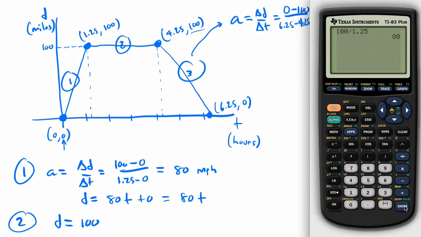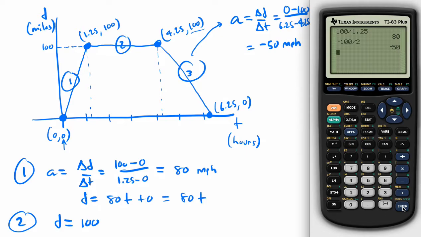A little sloppy here, but we get the idea. And this is equal to negative 100 divided by 2, and so that's negative 50 miles per hour.